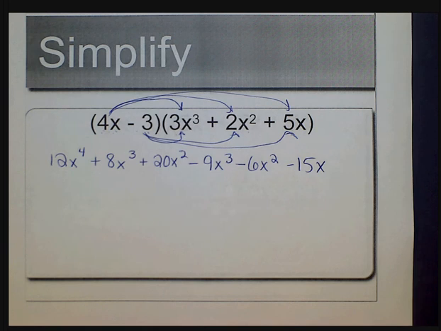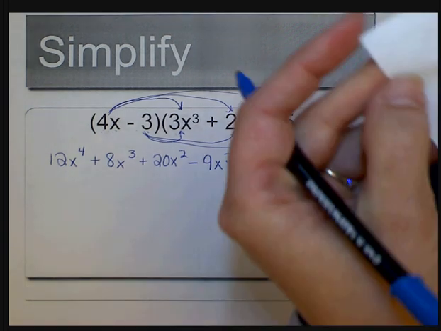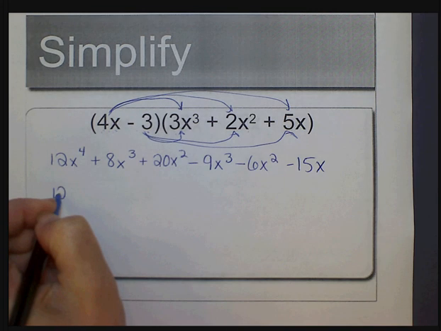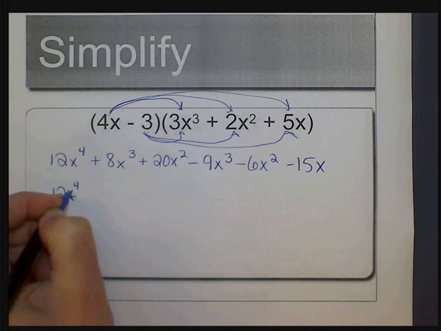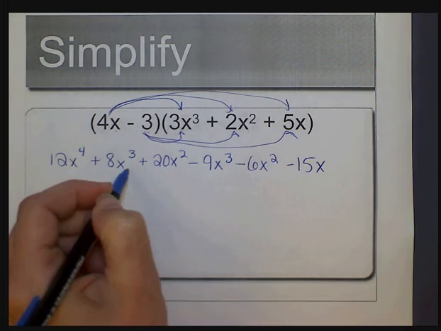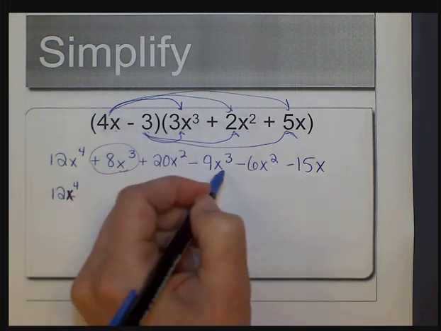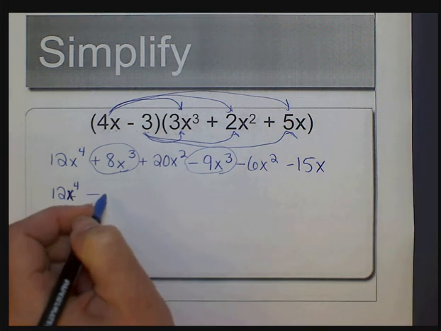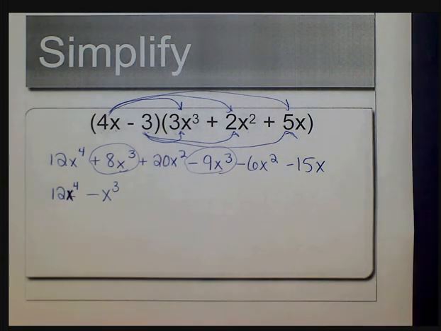Now I'm ready to collect like terms. So my x to the fourth doesn't have anything, so I bring it down. 12x to the fourth. And then my 8x cubed minus my 9x cubed leaves me with a negative 1x cubed. Remember, we don't write the 1.